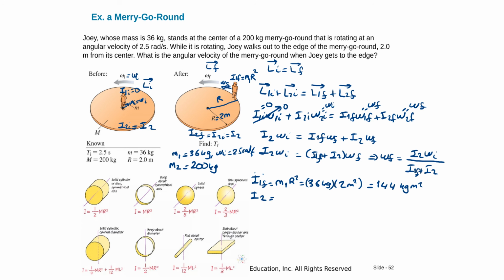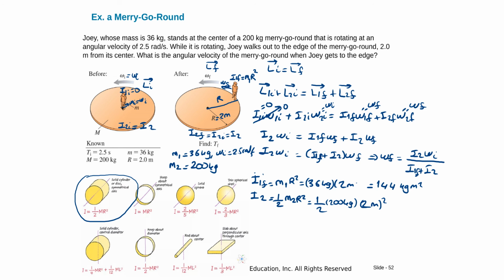We'll use this equation, given here for a rotating disk: 1/2, our mass will be m2, and r is the same, r squared. So 1/2 times 200 kilogram times 2 meters squared. I should put this in the same format so you won't be confused. We're taking the square of all, not only the meters.